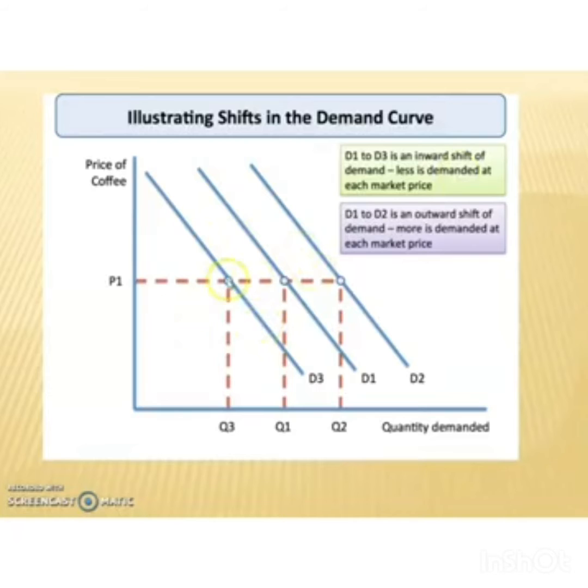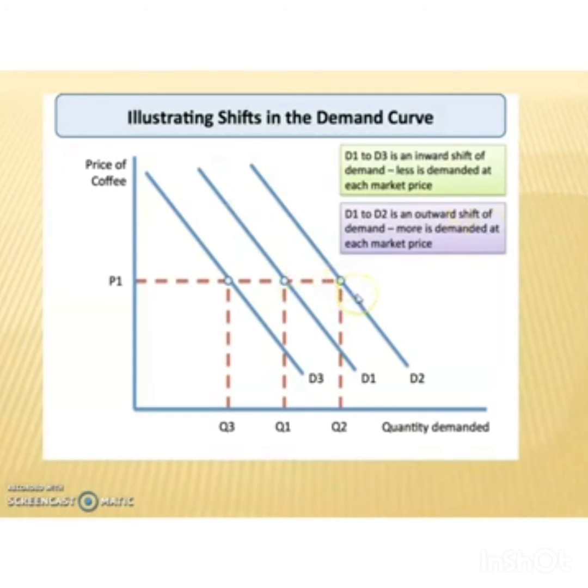Then the movement from demand curve D1 to D2 is the rightward shift of demand curve. Okay, that means outward shift of demand curve. So if there is any increase in demand due to factors other than price, it is known as rightward shift in demand curve.